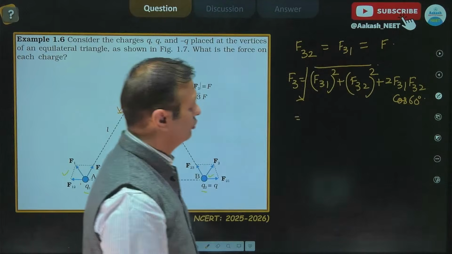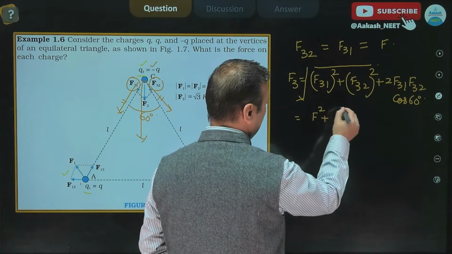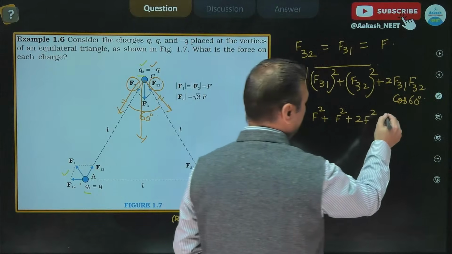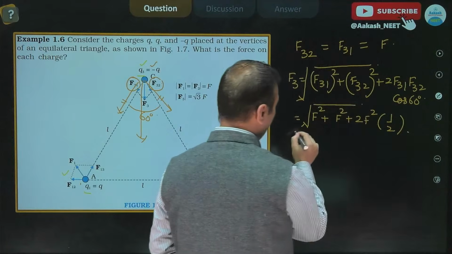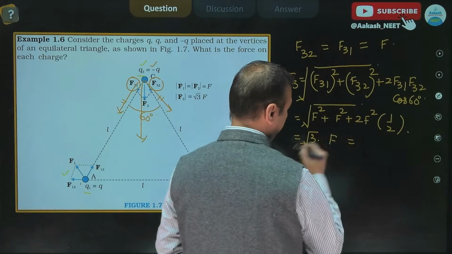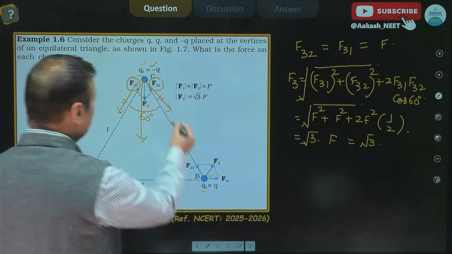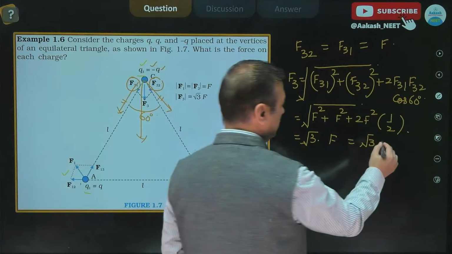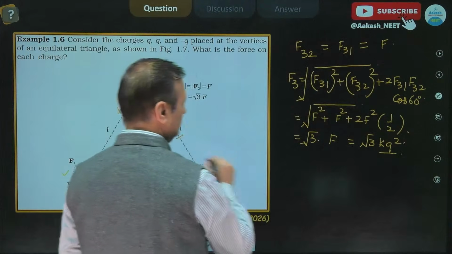When you substitute the values, this is F, this is also F in terms of magnitude. So we have 2F square plus 2F square cos 60, cos 60 is 1 by 2, and when you solve it, it becomes root 3 times F. F is basically the force between this pair, so that is K Q square by L square.